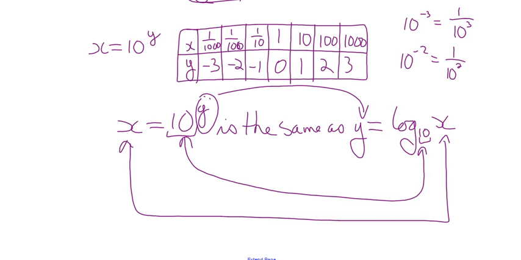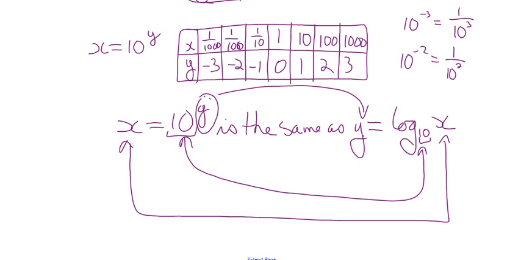It's the exponent. And when it's over here, it's still the exponent, right? So the y value in a log expression is the exponent. What exponent? Well, it's the exponent that you take the base 10 and raise it to, to get the value of x. Or in other words, 10 to the y equals x.